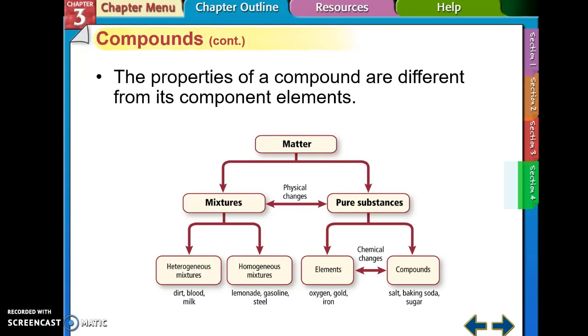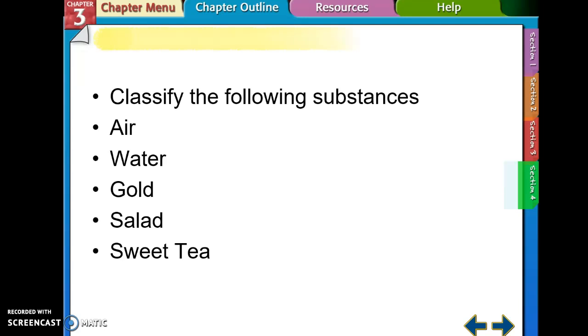So, remember, go back to this. Now look at this. If I look at air, if I'm talking about the air outside this classroom right now, it's actually going to end up being a mixture. And then we can argue about whether it's homogeneous or whether it's heterogeneous. It's homogeneous if it's uniform throughout. It's heterogeneous if it's not.